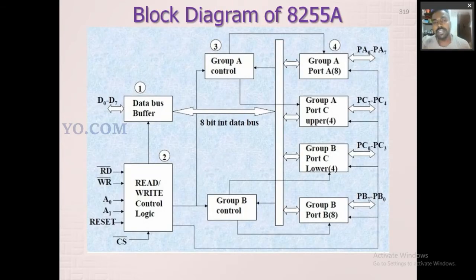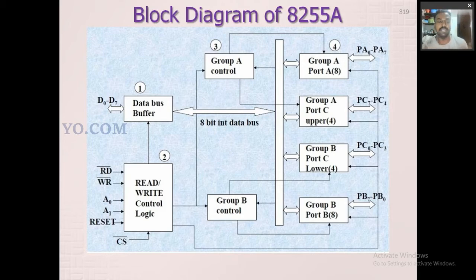Then this is the block diagram of the 8255A. Here it consists of 7-8 blocks. First we are going to see the data bus buffer. The data bus is connected with this buffer, which connects the internal 8-bit data bus of the 8255. The data bus buffer is a tri-state logic used to transfer data between the external device and the microprocessor.